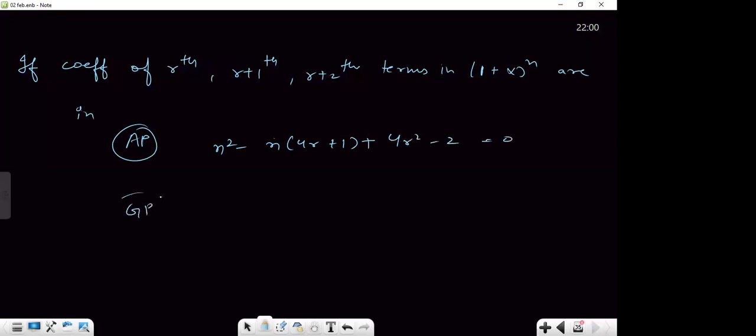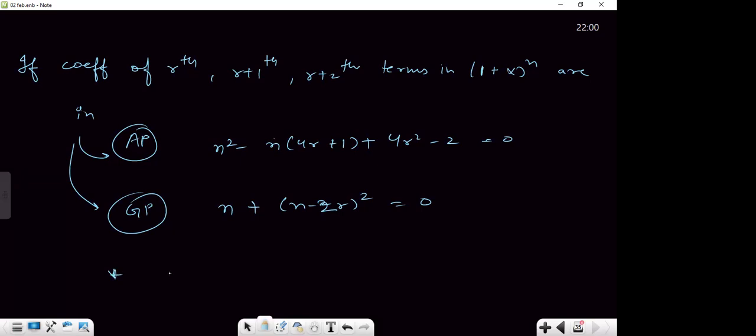If they are in GP, then the relationship will follow this condition. (n minus 2r) whole squared is equal to 0. And everything else we have already covered.